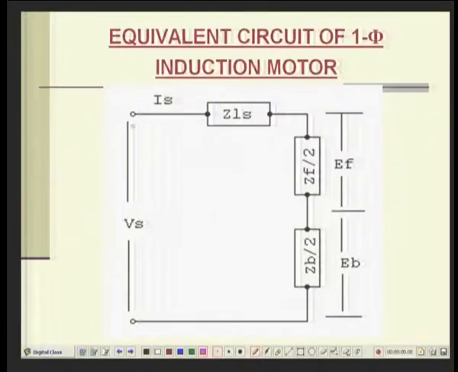That means you can represent the voltage Vs and the current Is in the stator winding equivalent circuit, with ZLS equal to RS plus JXLS, plus ZF by 2 and ZB by 2. What is that ZF?